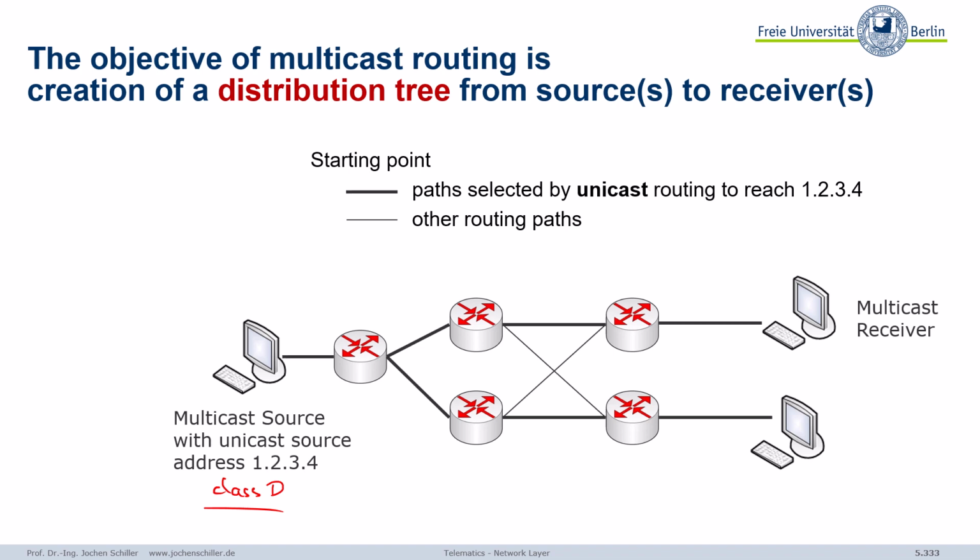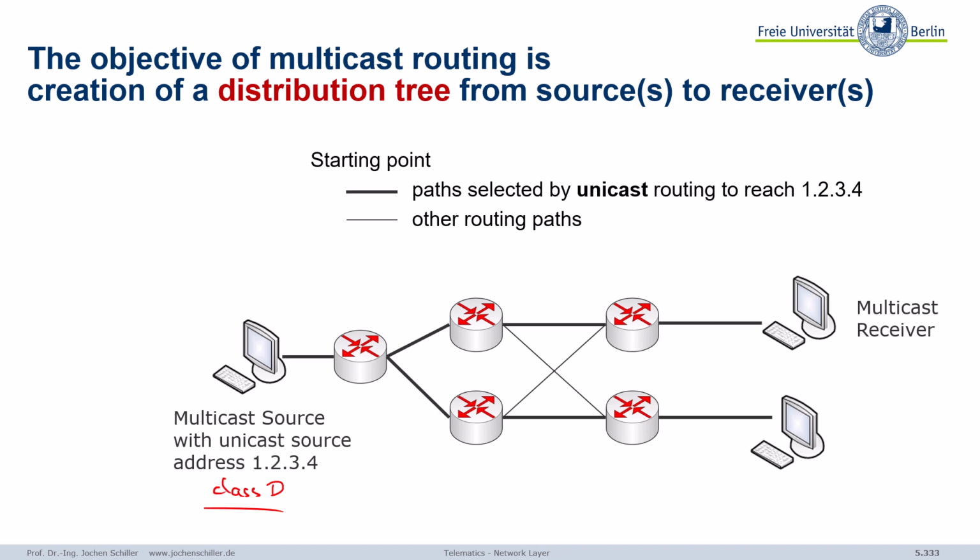Okay, so what can be done to create this distribution tree? We have a certain starting point where we know via Unicast routing how we can reach this multicast source.